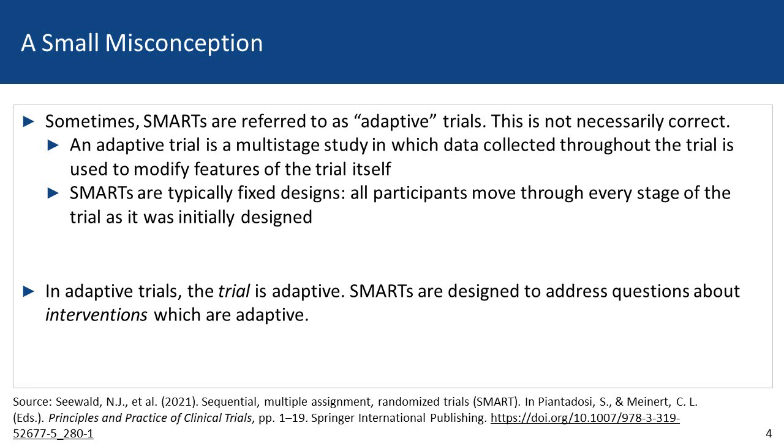So it's changing perhaps the intervention options between which individuals are randomized. SMARTs, on the other hand, are typically fixed designs. This is not always the case, but it's usually the case. All participants in a SMART typically move through every stage of the trial as it was initially designed. So the design itself is fixed in a SMART.